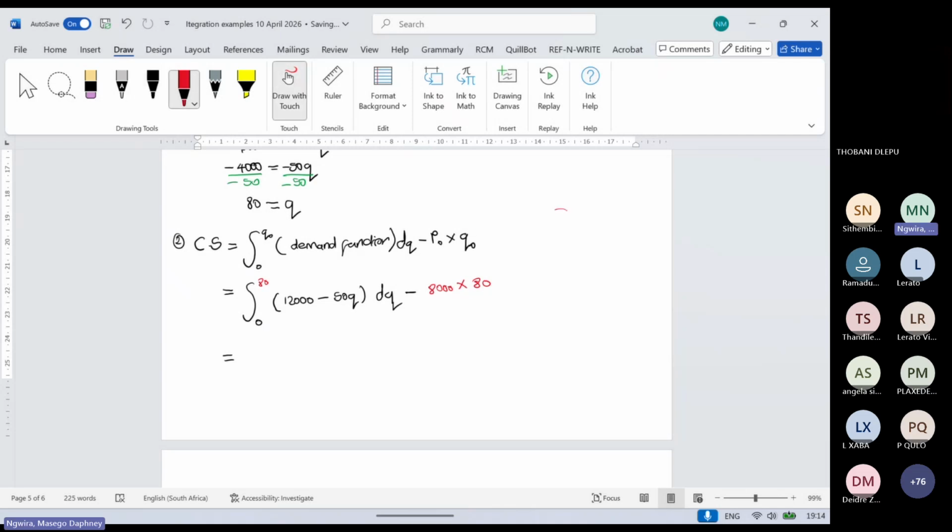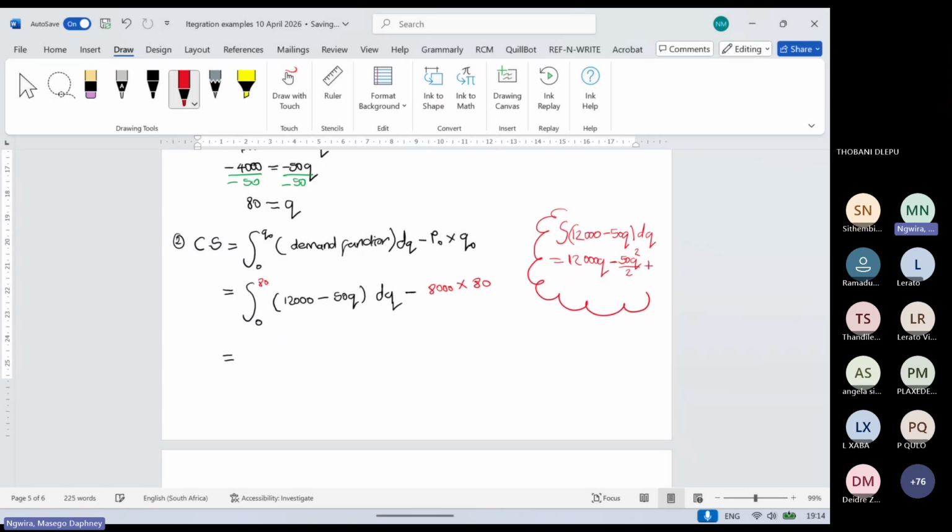The integral of 12,000 minus 50Q dQ is going to be equal to, remember, if it's a constant, it will have a Q. So this will be 12,000Q, then minus 50Q to the power of 2, because it's 1 plus 1, over 2, then plus C.